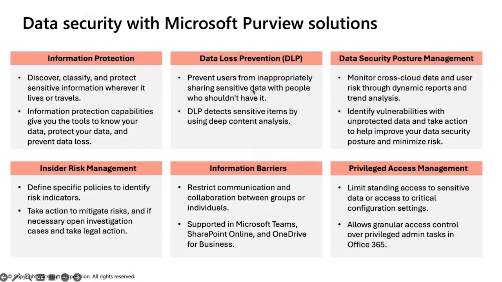DLP is designed for protecting your data based on sensitive info types you can configure. The benefit of DLP is that it can protect your data from overexposure. For example, if there is any specific keyword in my document, my email, or my data, that data should not be enabled for sharing. In that situation, we can configure DLP policies.